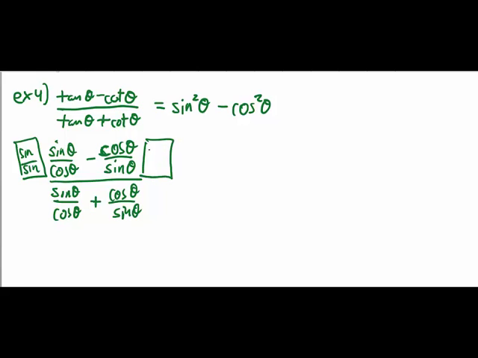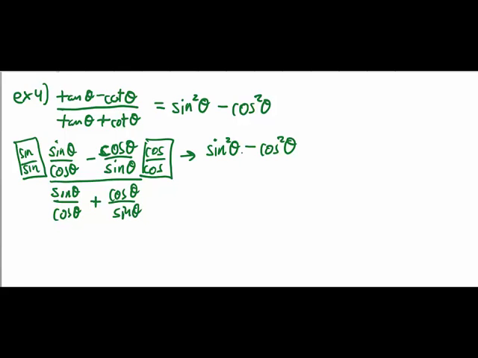So if I multiply the fraction by the other denominator, I will get a common denominator. Now I should have my thetas here after the sine and cosine, but just in terms of speed, I'm just going to omit those. So what that gives me in my numerator is sine squared theta. You can see that sine times sine is sine squared, minus cosine squared theta.